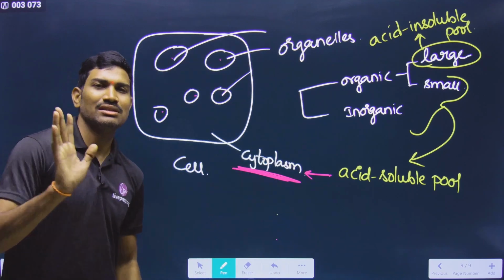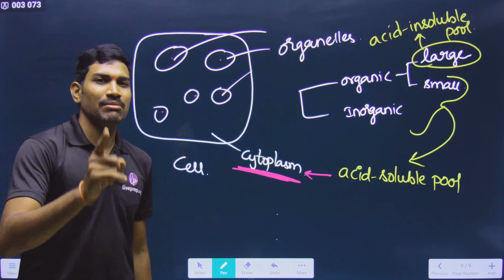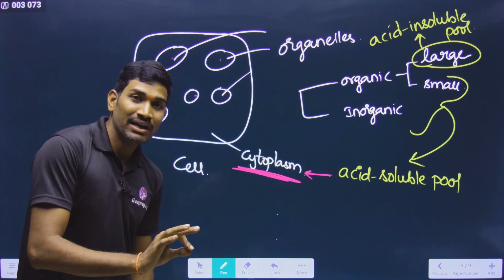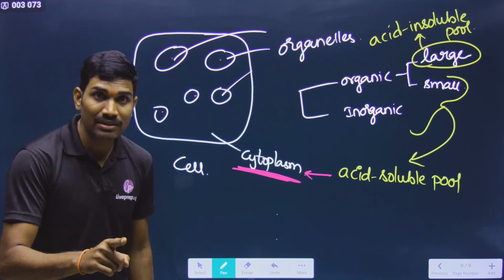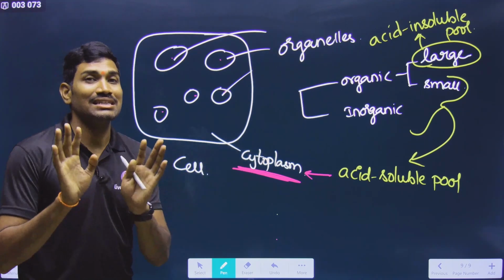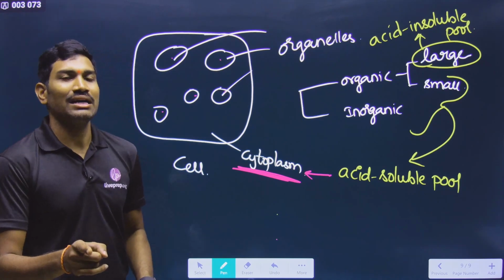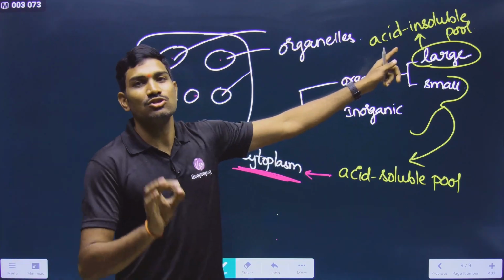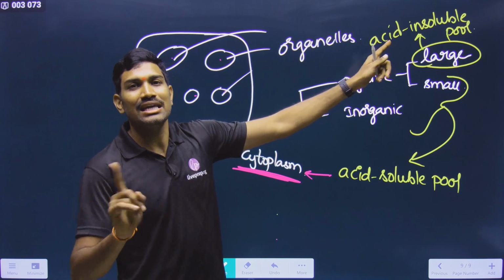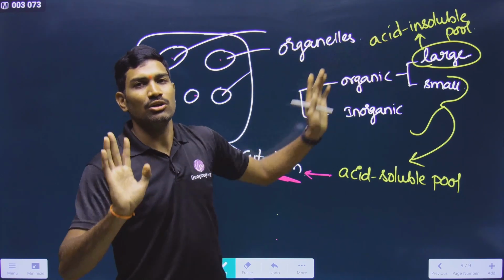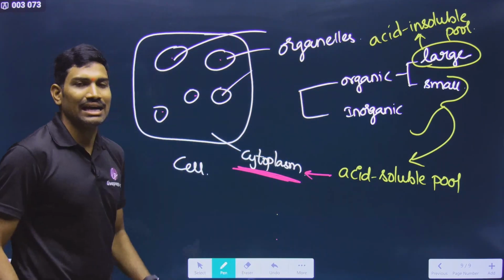So simply based on the size, they are separated. But please remember, lipids, size wise, they are small molecules. But the solvent we used is trichloroacetic acid, which is a polar solvent. That is the reason why they are coming along with the acid insoluble pool. But originally they are not true macromolecules. This is the overall content that they have given.